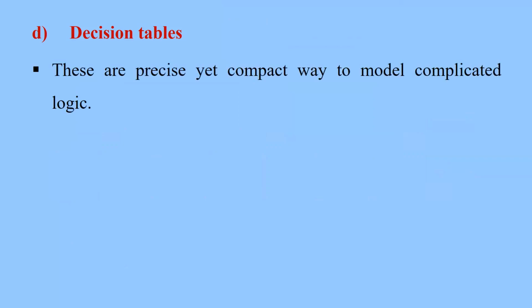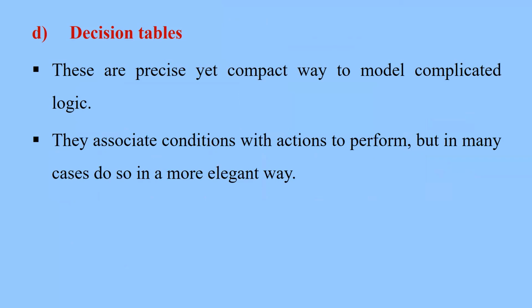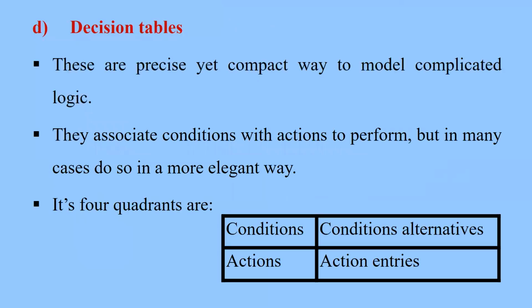The last tool that I'm going to illustrate is what we call the decision tables. These are a precise yet compact way to model complicated logic. They associate conditions with actions to perform, in many cases in a more elegant way. A decision table has four quadrants: the conditions quadrant, the condition alternatives quadrant, the actions quadrant, and the action entries quadrant.